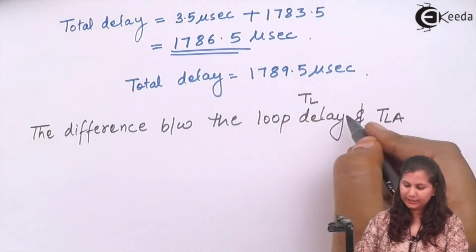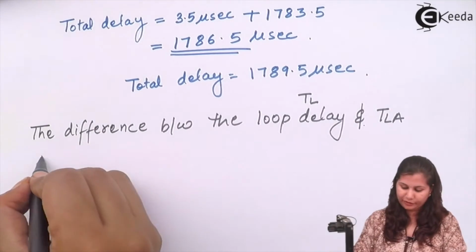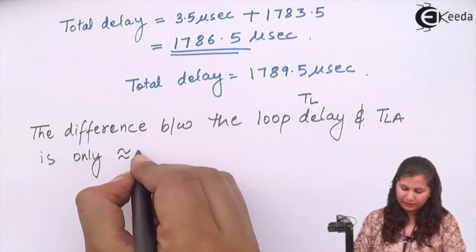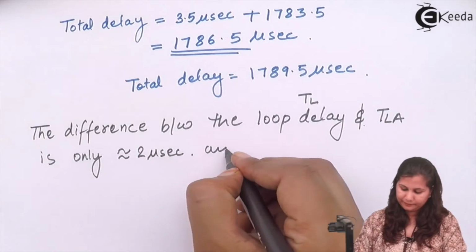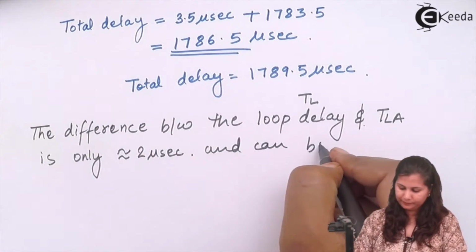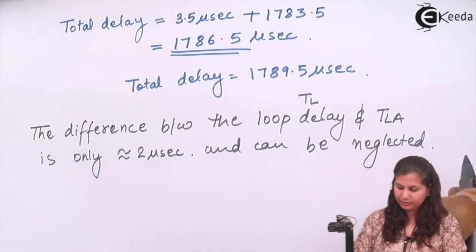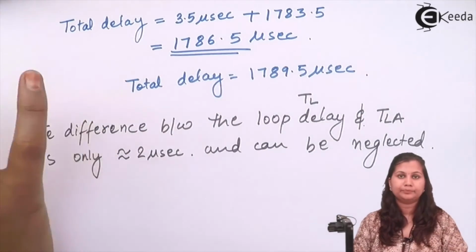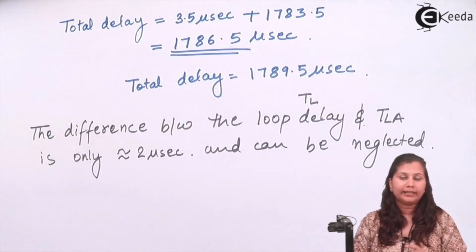Loop delay was TL, and the adjusted loop delay differs by only approximately 2 microseconds, so it can be neglected at many times. But whenever you solve questions based on these time delay calculations, then you should consider the difference of these 3 T states.